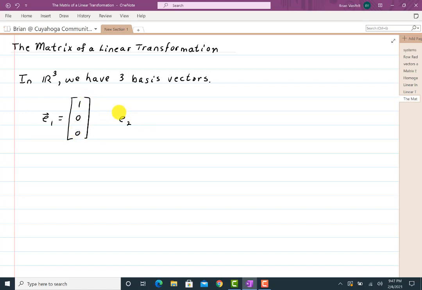E2 is the vector 0, 1, 0. And E3 is the vector 0, 0, 1. Very important, because we can actually use these vectors to create any vector in R3 from them. But more about that later. Let me do some other stuff right now.